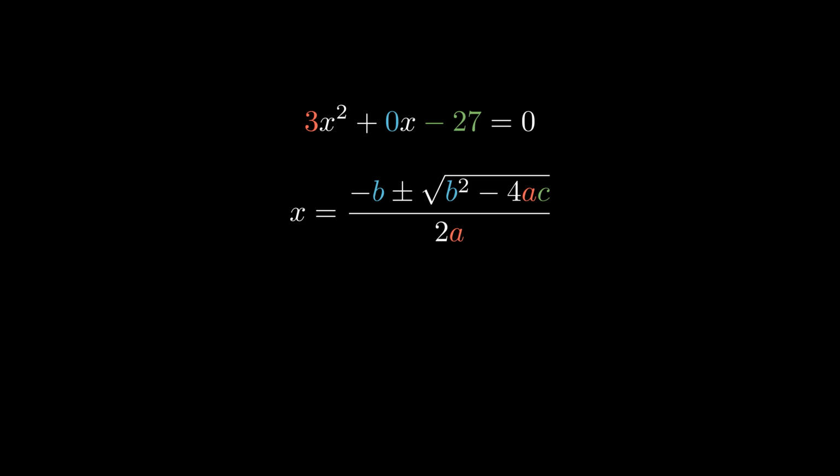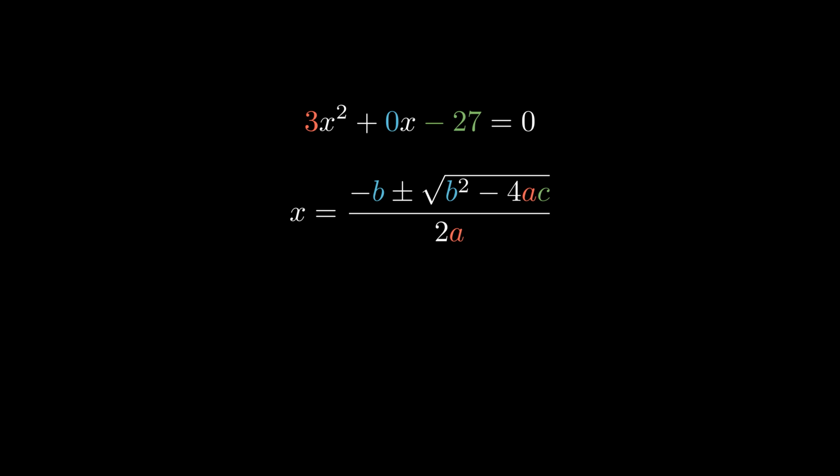Let's return to the very first example in the video and consider how it can be solved using the quadratic formula. First, it must be rearranged into the correct form, and the x term must also be added. If x isn't visible at all, that means the coefficient of x is 0. It's good to write that 0 times x visibly in the expression, so we can recognize that 0 must be substituted in place of b in the formula.